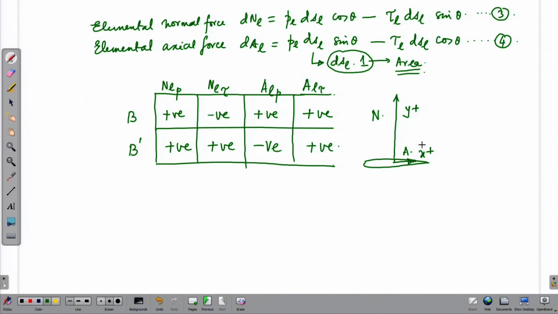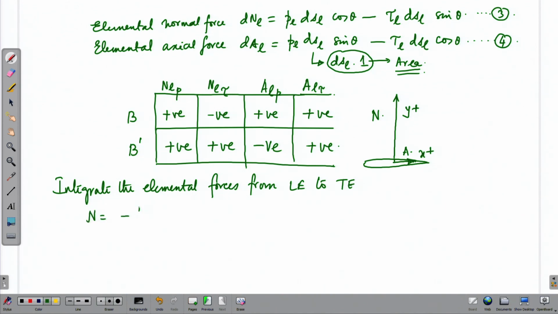That is how we are looking at positive values of normal and axial forces. Now that we have derived expressions for elemental forces, we can integrate them. So, we integrate the elemental forces from leading edge to trailing edge of the airfoil.